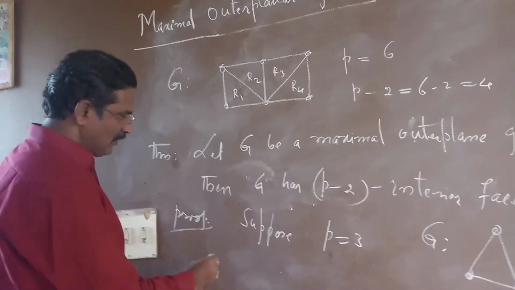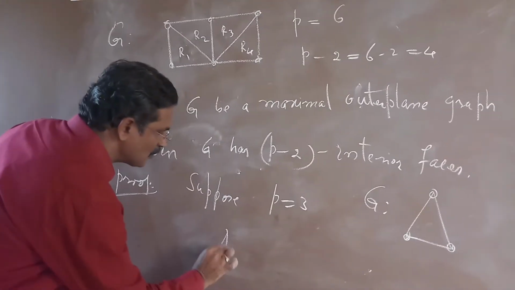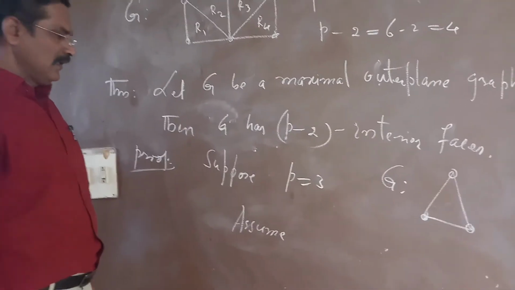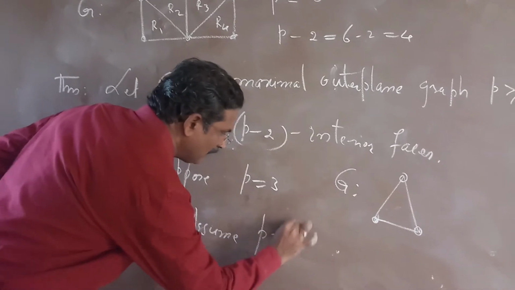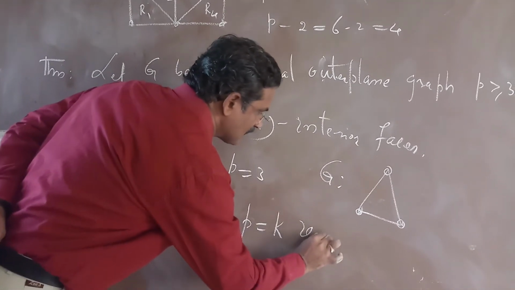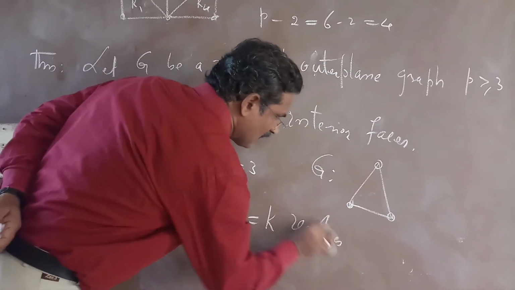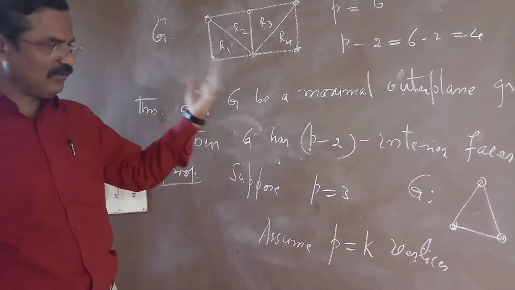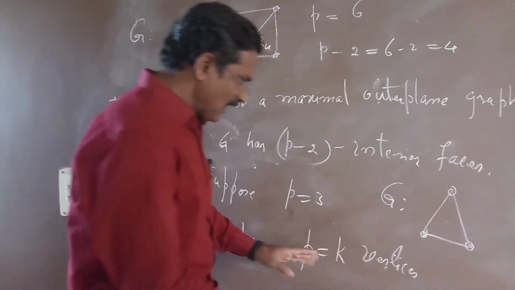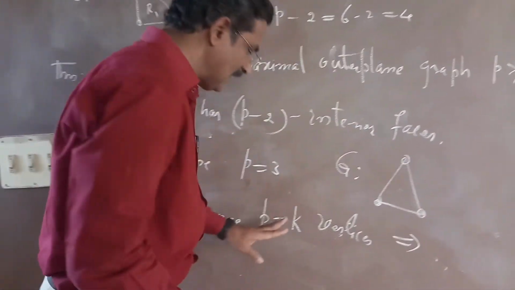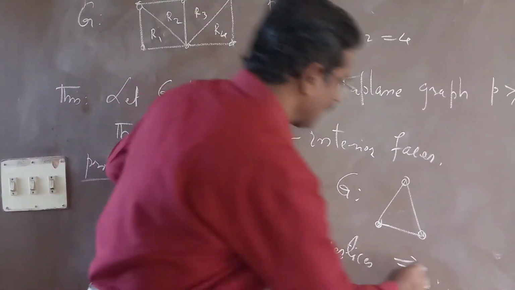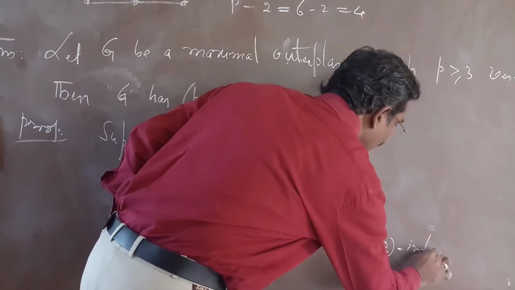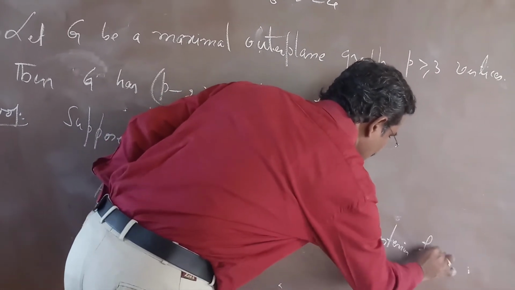So next we assume the result is true for P equal to K vertices. This is our assumption. Assume that the result is true for P equal to K vertices. It implies it has K minus 2 interior faces.